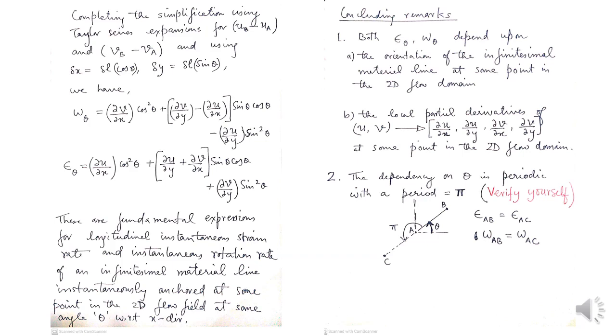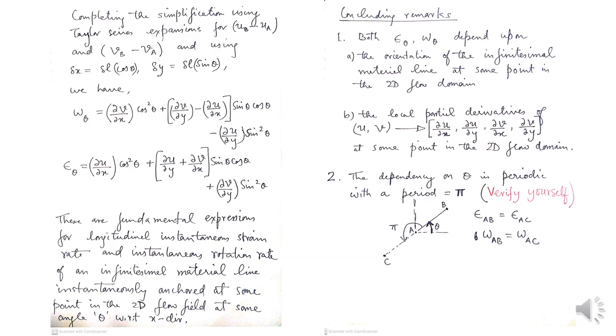So what does this mean from the point of view of periodicity? For example, the figure shows a material line AB at some angle theta, and I also consider a material line AC which has an angle theta plus pi. So it is at 180 degrees from the original material line AB, and the total angle from the x direction is theta plus pi.